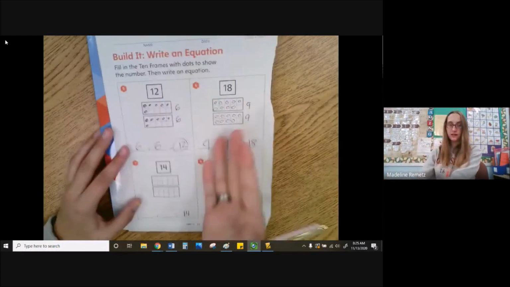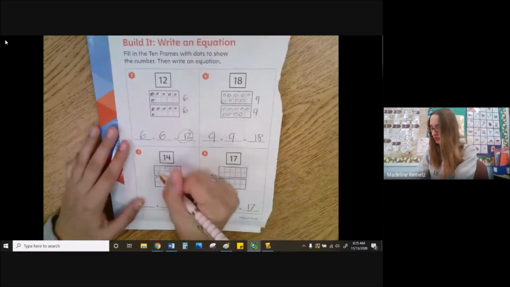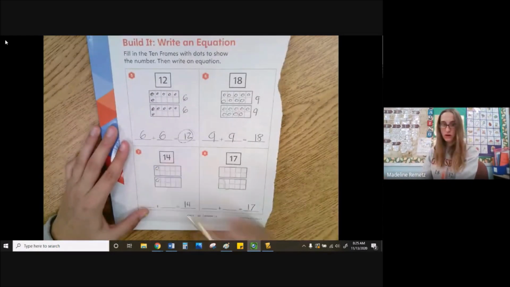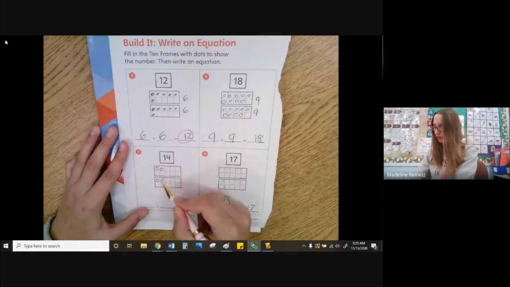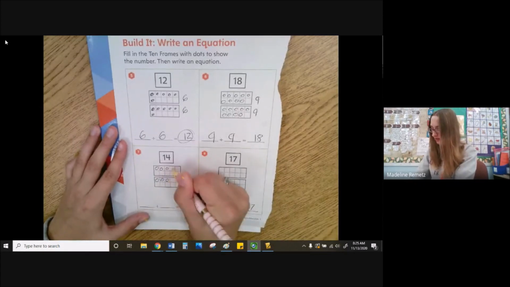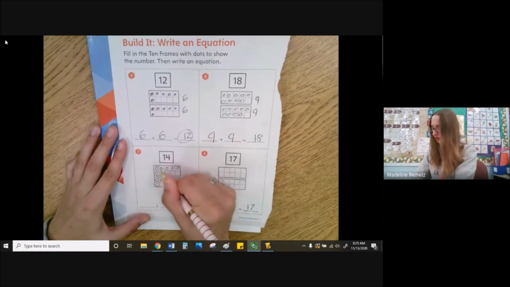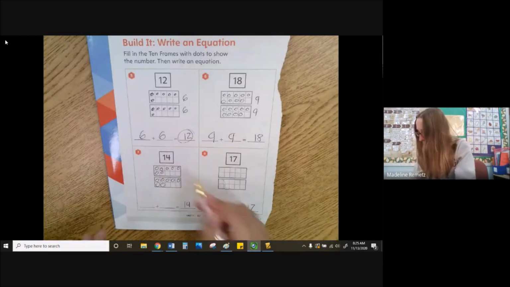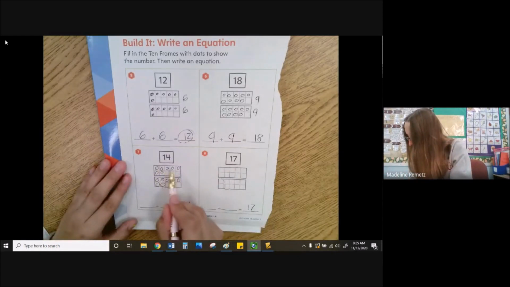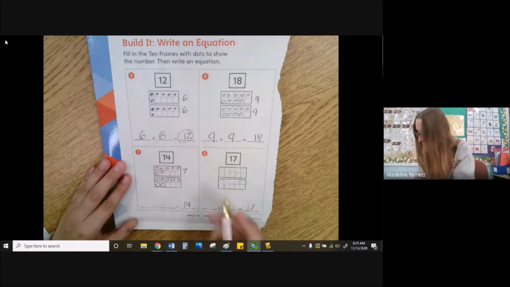If you want to find out the doubles fact of a number, you can just keep going 1, 1, 2, 2, but actually counting it. 1, 2, 3, 4, 5, 6, 7, 8, 9, 10, 11, 12, 13, 14. Ooh, let's see what my doubles fact is. 14 is 1, 2, 3, 4, 5, 6, 7 plus 1, 2, 3, 4, 5, 6, 7.